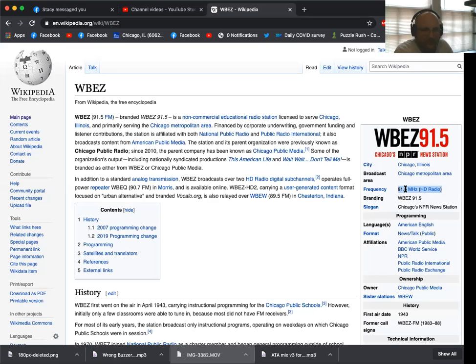FM tends to be more popular and have better reception in most places. So 91.5 megahertz is the frequency of the carrier. I'm not going to go into radio a lot about the difference between FM and AM, but that's a good baseline frequency for the radio waves that are used in this case.